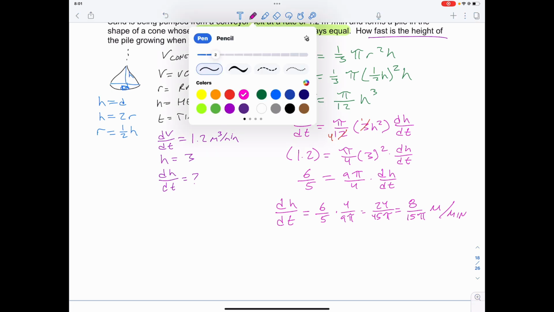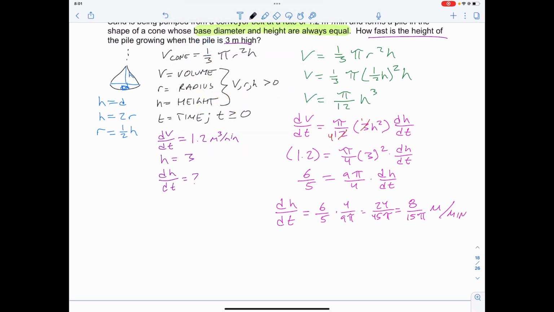How fast is the height of the pile growing when the pile is 3 meters high?